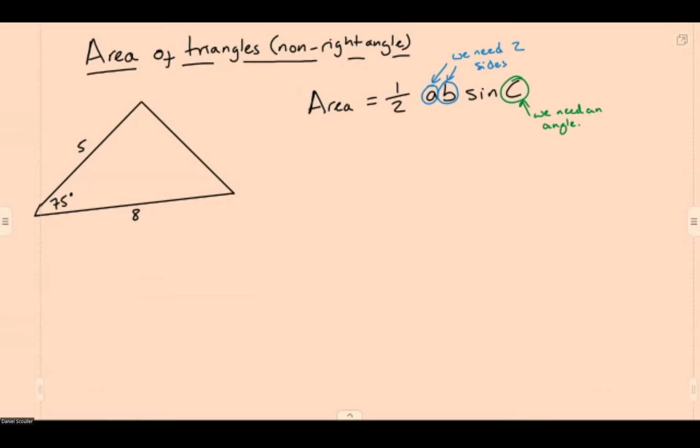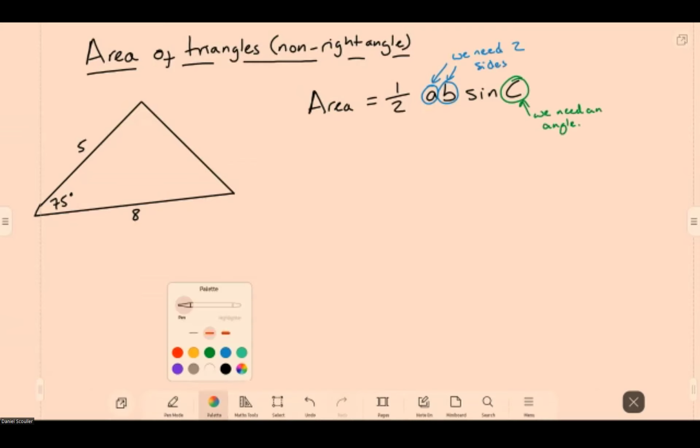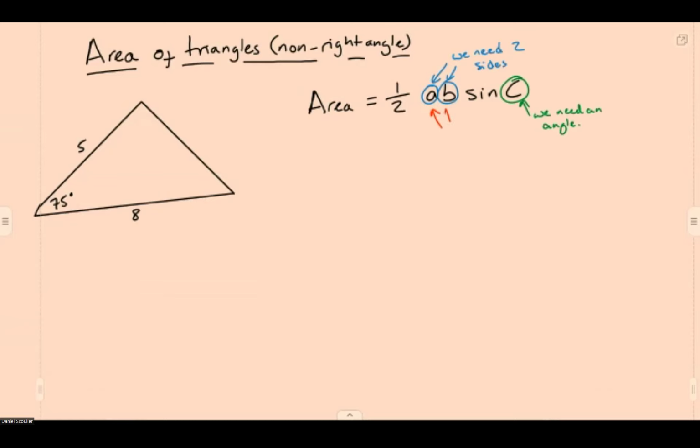These two sides are not opposite the angle.